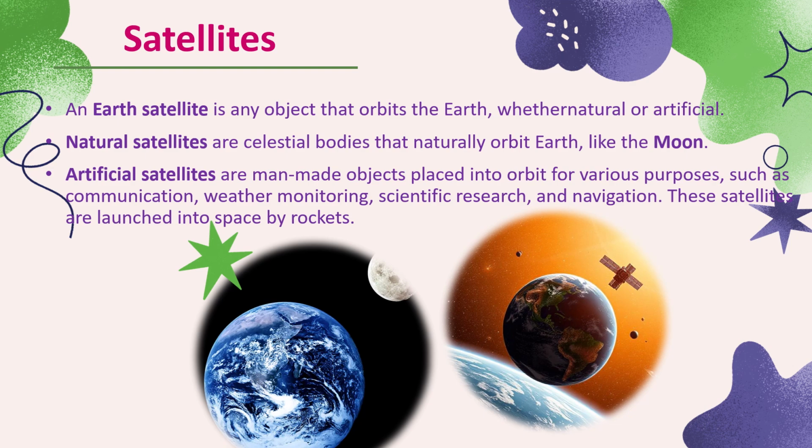Natural satellites are called moons. Artificial satellites are made by man, like communication satellites, weather monitoring satellites, scientific research satellites, and navigation satellites. These are launched into space by rockets. Natural satellites are celestial bodies that naturally orbit Earth, like the Moon. So these are the types of satellites.